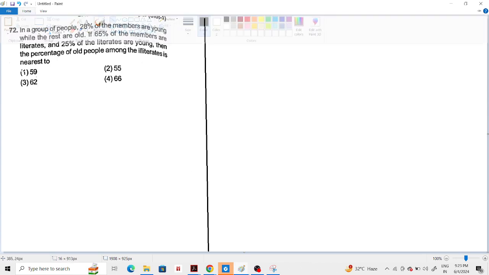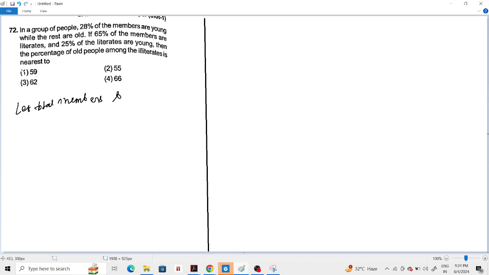So you can check this out as well. 28% of the members are young, so let the total members be 100. So Shritama, in CAT, our traditional method states that we must do most of the sums with X, but X makes the calculation complicated some of the times.